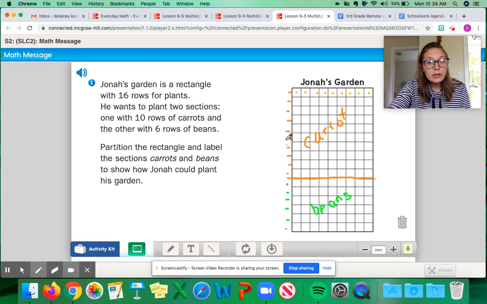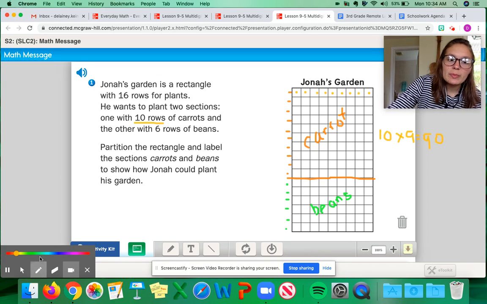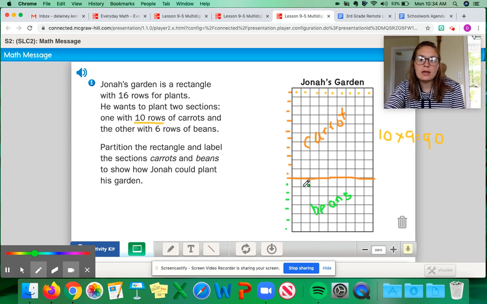Now, how many rows of carrots does Jonah have? 10 rows. So to figure out how many in all, just like any array, 10 rows times 9 carrots per row equals 10 times 9, what is it? 90. Excellent.